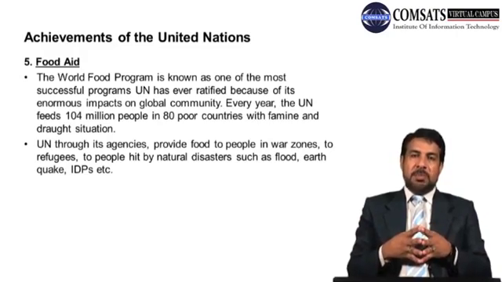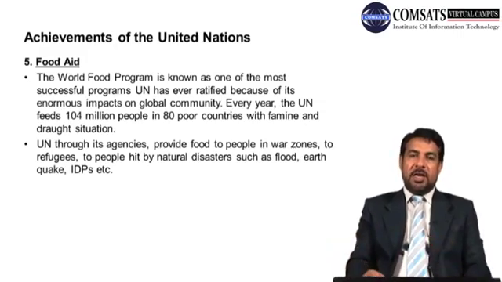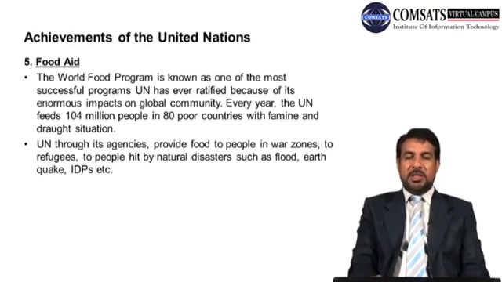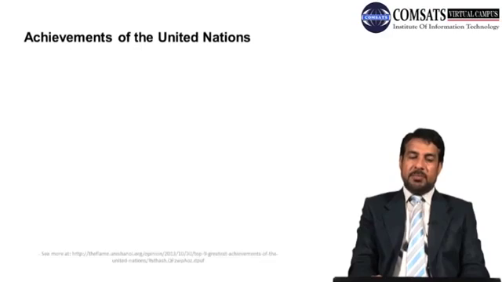So as a result, those people that have moved, they are IDPs, and how would they be given food? So this is again done through the agencies of United Nations. So these achievements of UN is also very memorable and very worthwhile.